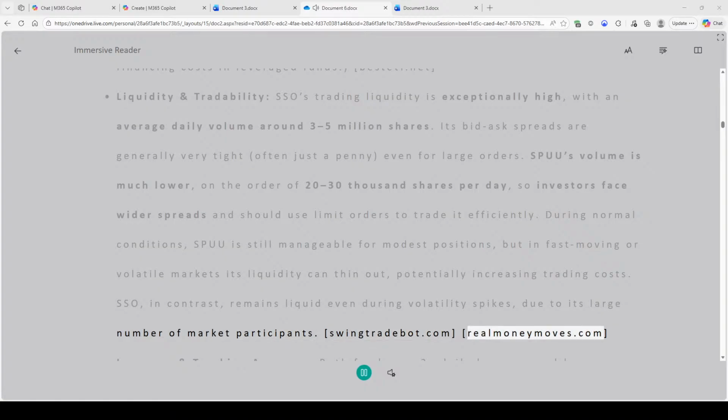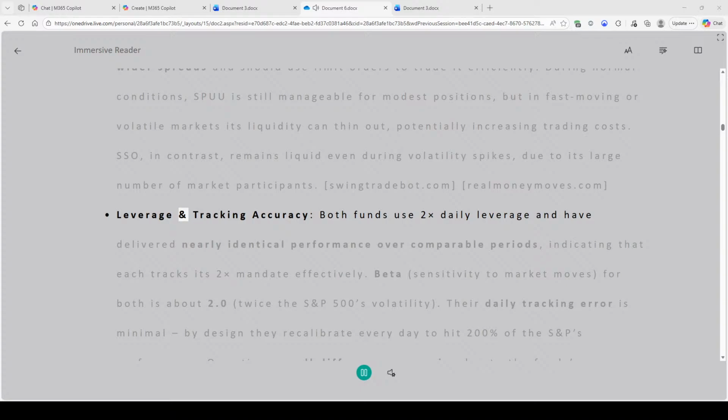Leverage and tracking accuracy: both funds use 2 times daily leverage and have delivered nearly identical performance over comparable periods, indicating that each tracks its 2 times mandate effectively. Beta, sensitivity to market moves, for both is about 2.0, twice the S&P 500's volatility. Their daily tracking error is minimal.